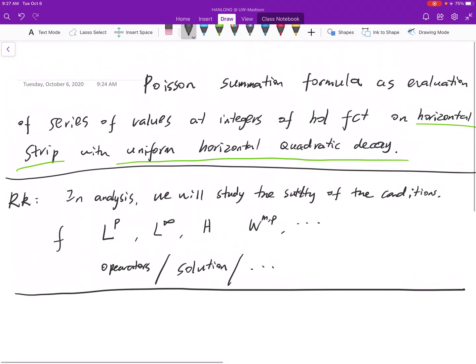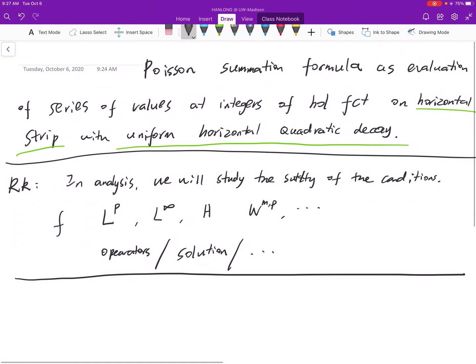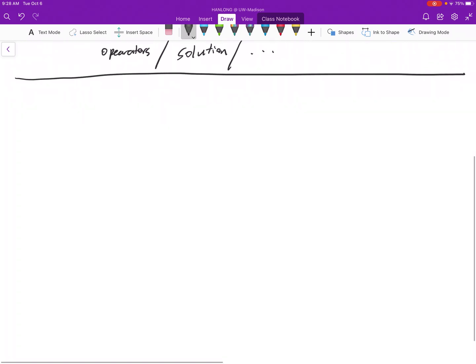In this lecture, we're not going to do the optimal condition. We just use some not that strong conditions, but still give you some idea of the interplay between complex analysis and the Fourier transformation.